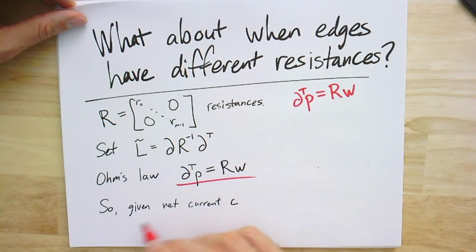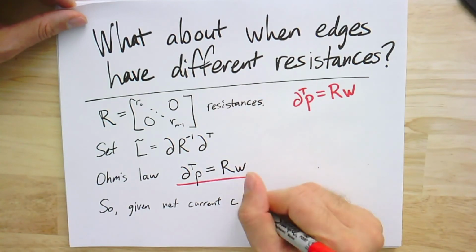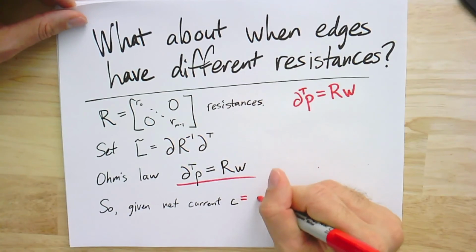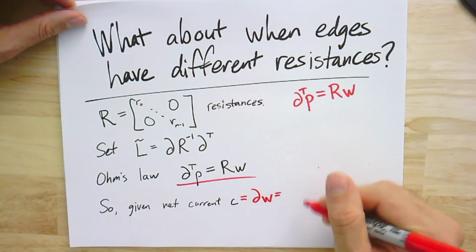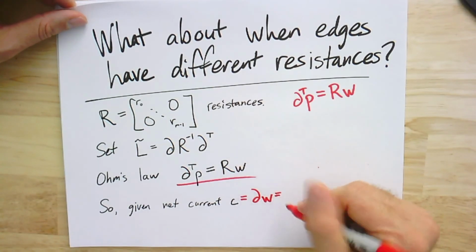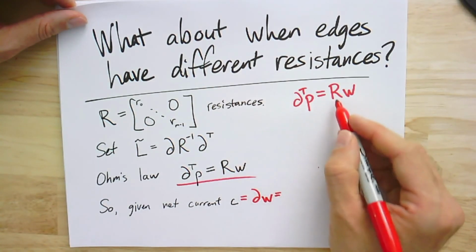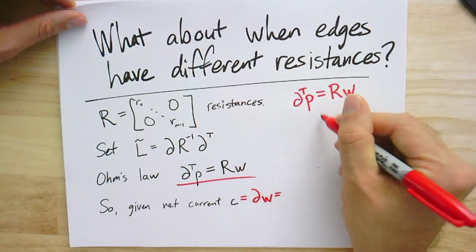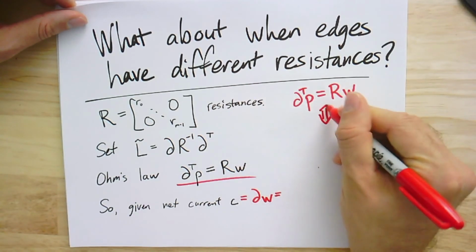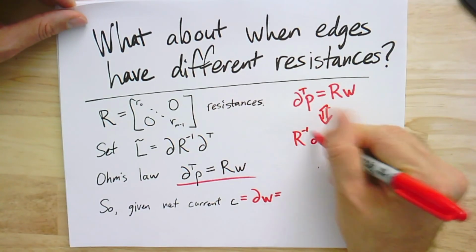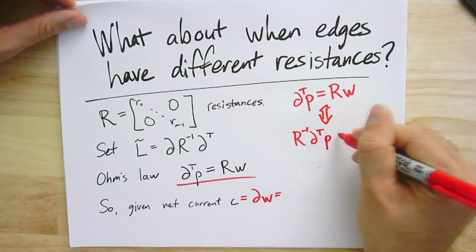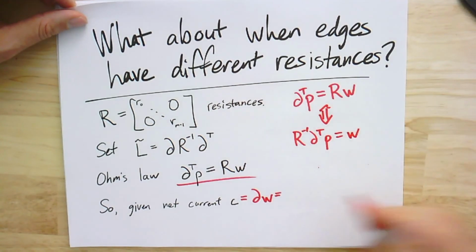Now if I'm given some net current, I know that net current is the boundary of a current, which, by Ohm's law if I rearrange, is true if and only if R inverse coboundary of P is equal to that current.